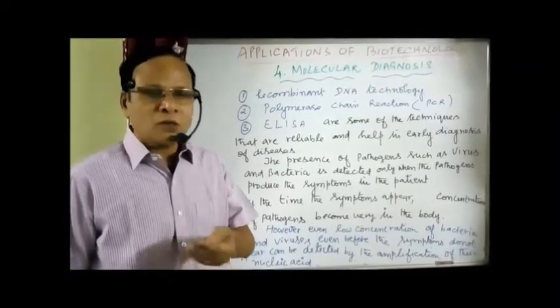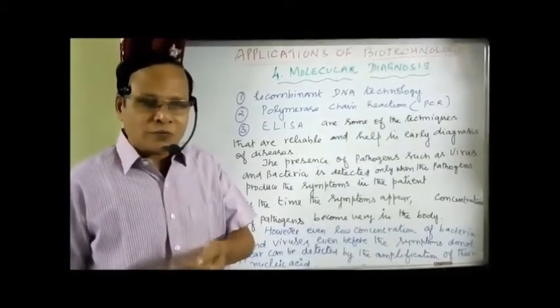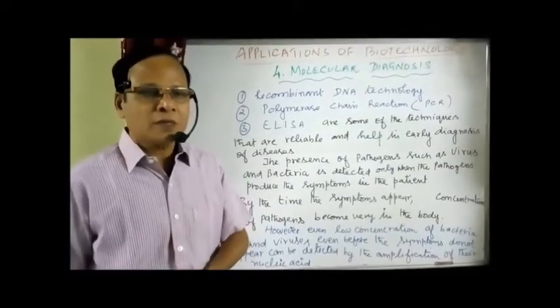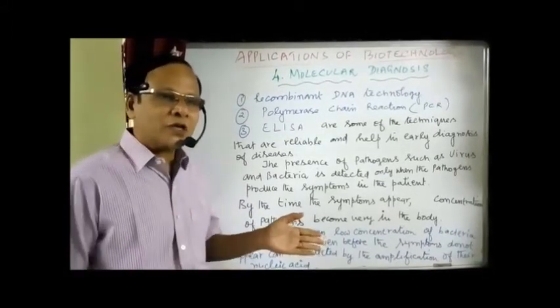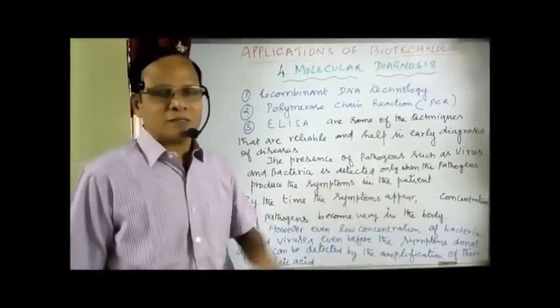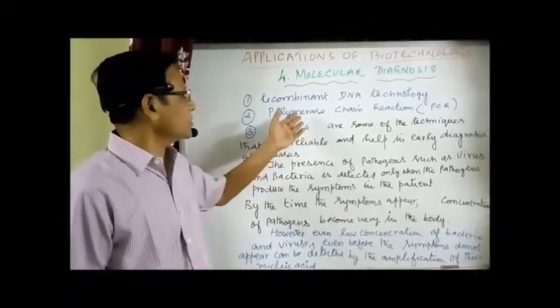With a low concentration of bacteria and viruses in the body, even before the symptoms appear, early diagnosis can be made by amplification of their nucleic acids, increasing the number of nucleic acids by means of PCR.